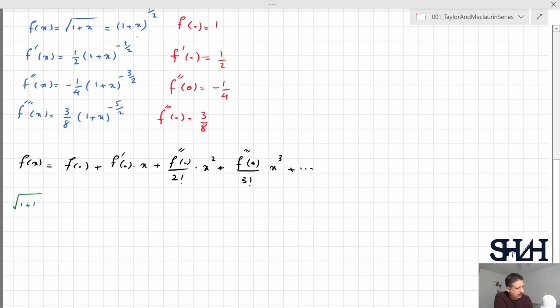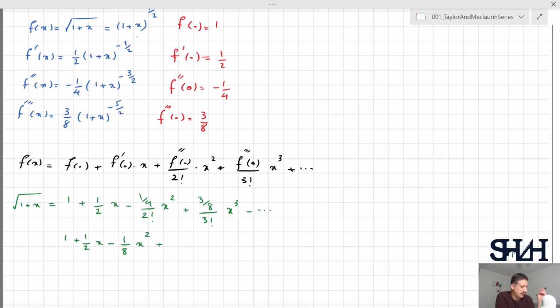The square root of 1 plus x will be f(0), which is 1, plus 1 over 2 x minus 1 over 4 divided by 2 factorial x^2 plus 3 over 8 over 3 factorial x to the power of 3. So it will be 1 plus 1 over 2 x minus 1 over 8 x^2 plus, so 3 and 3, 2, 8, 16, 1 over 16 x^3, and so on.